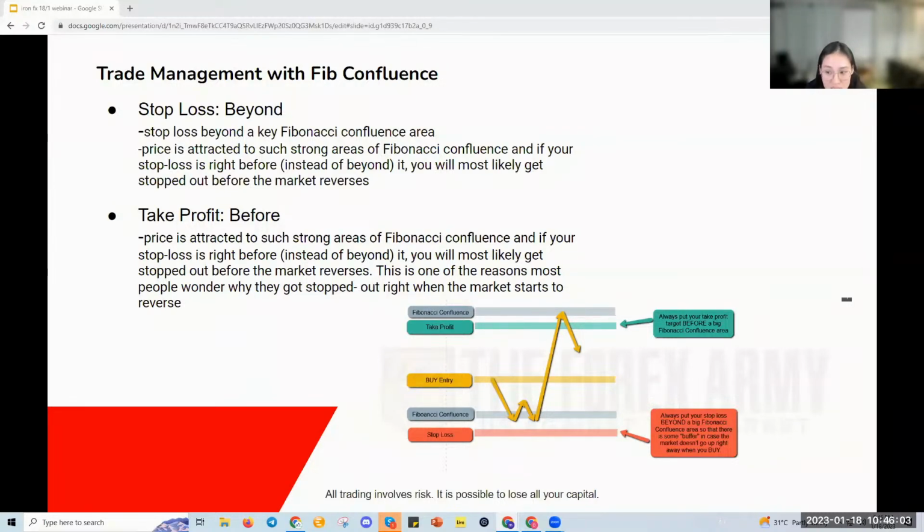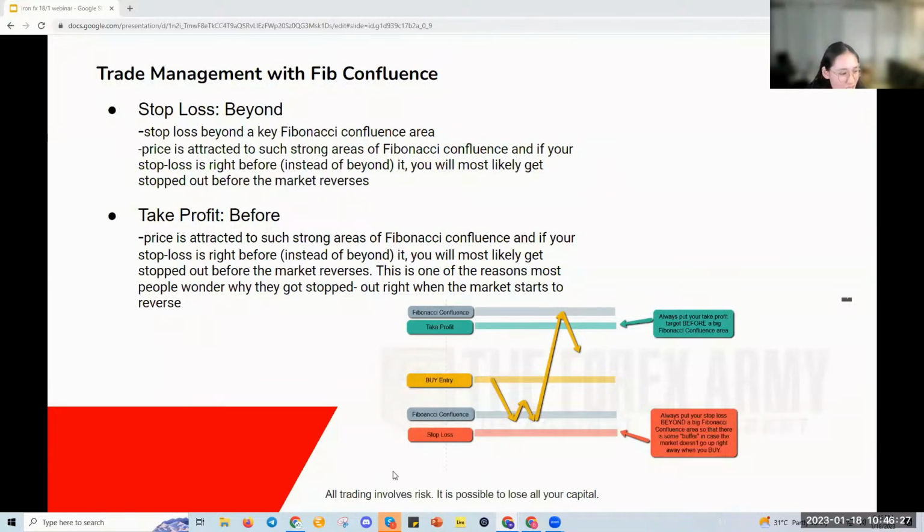And if your stop loss is right before instead of beyond it, you'll most likely get stopped out right before the market reverses. And this is one of the reasons most people wonder why they get stopped out right when the market starts to reverse, and then they complain about it. But not you, because now you know.